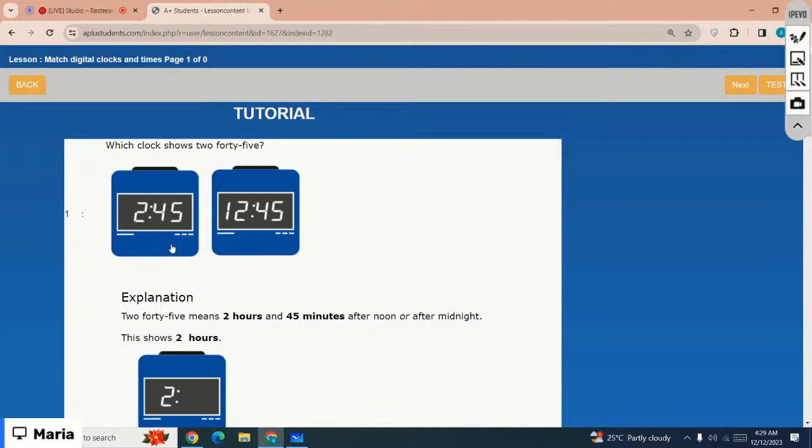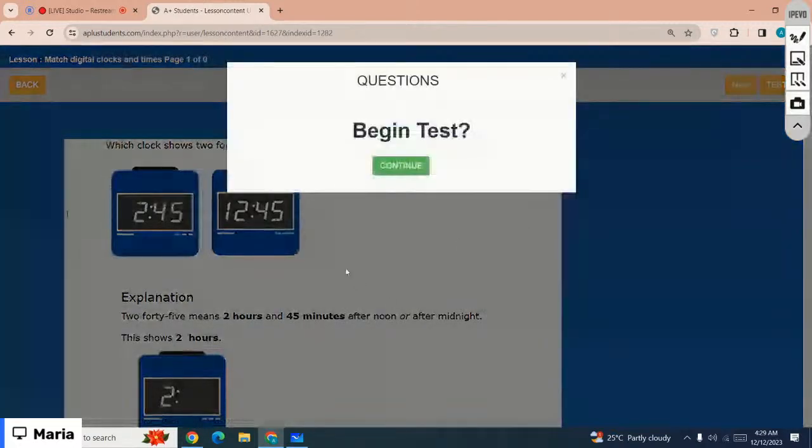So which is the correct option? Yes, that is the first one, right? Because here you can see the hour is 2 and the minutes are 45. Basically, you have to match the time to the clocks. Let's just start with the test questions.